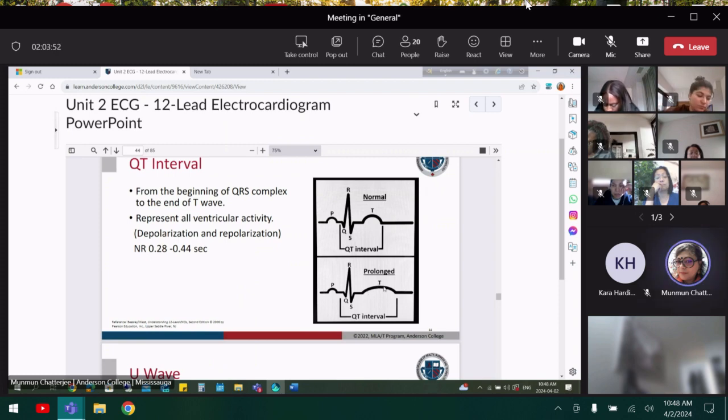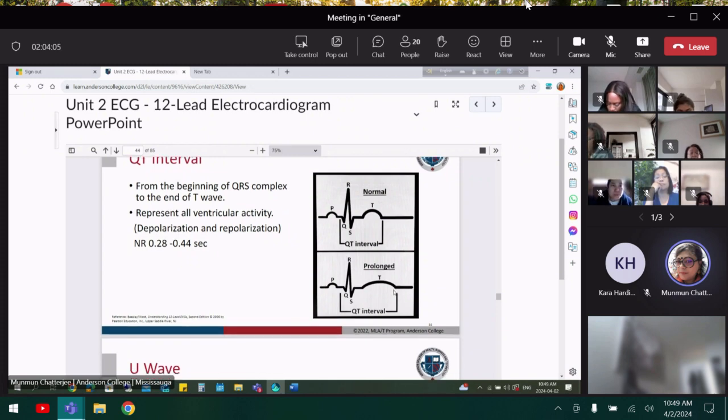You can see this is the abnormal prolonged T wave, taking a long time for the heart to become resting state. That means there is some problem in the ventricular muscle.